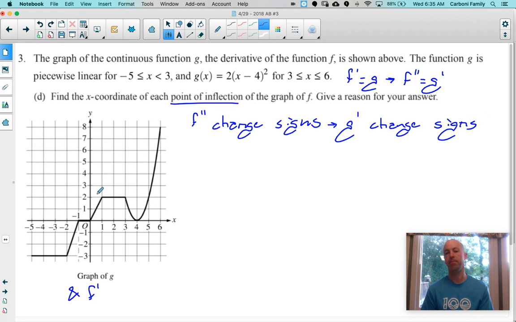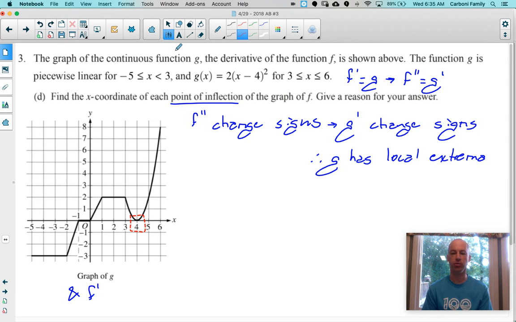And connecting it back to the function g, if your derivative changes signs, that means that the function g has local extrema. And so what I'm going to do is I'm looking at this graph and I'm finding all local extrema, and I only see one.